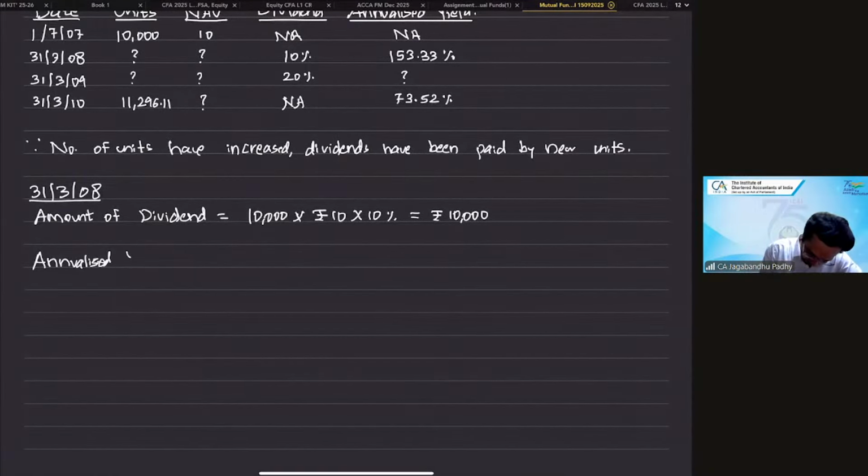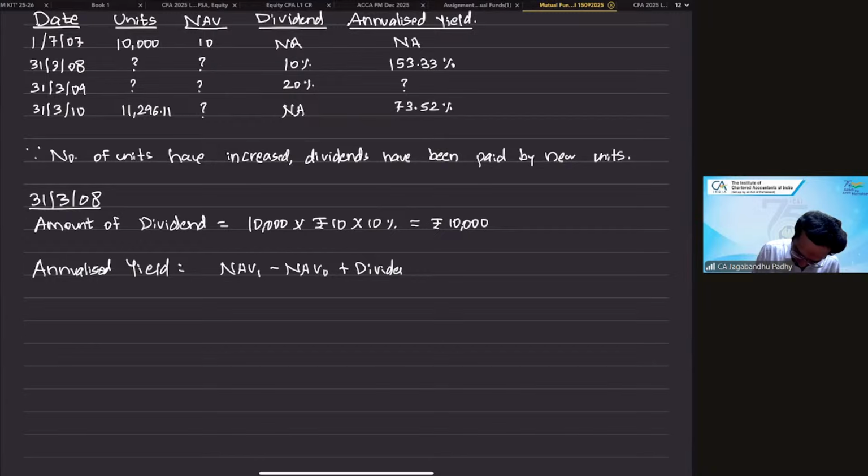Annualized yield is NAV 1 minus NAV 0 plus dividend plus capital appreciation. So NAV 1 minus NAV 0 plus the distributions or the dividend, divided by NAV 0. But I need to adjust it for the time period also, right?